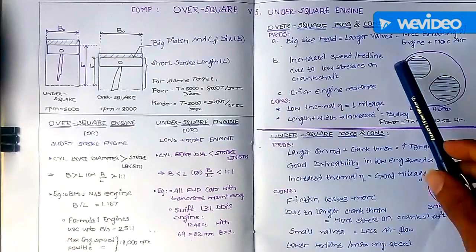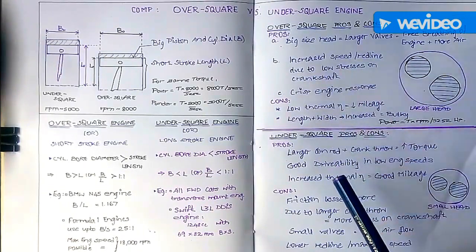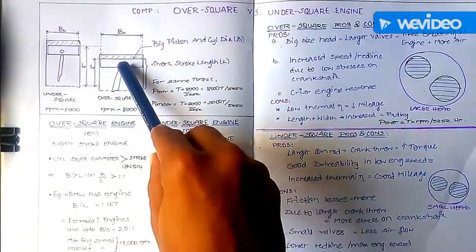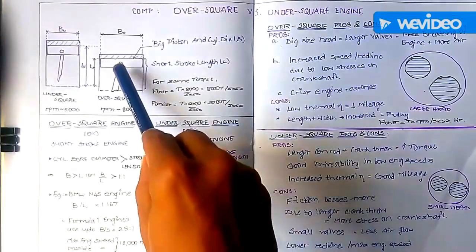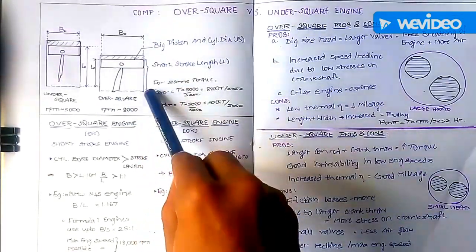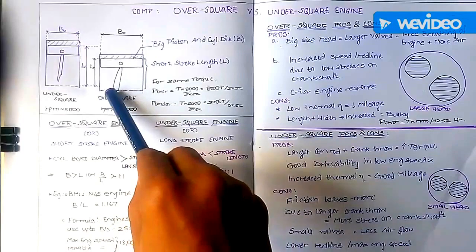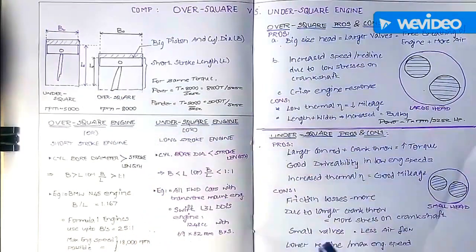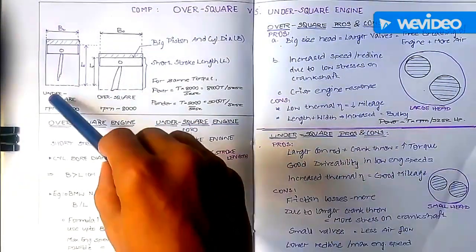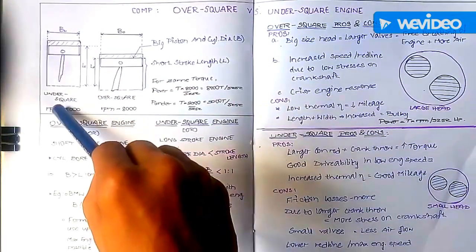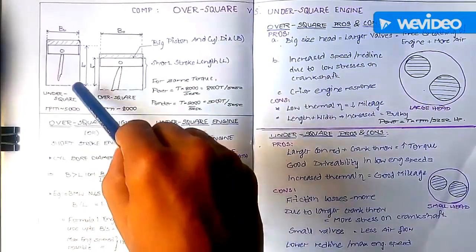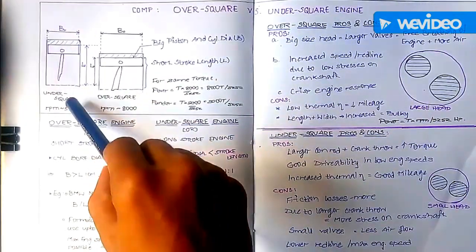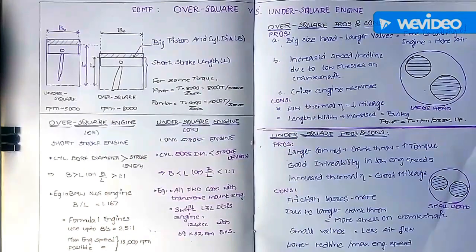This is mainly because of the lower stress on the crankshaft. That is possible because in an over square layout, due to the shorter travel of the piston, the crankshaft is quite reduced compared to the longer connecting rod and the longer crank throw which would be used in an under square engine.